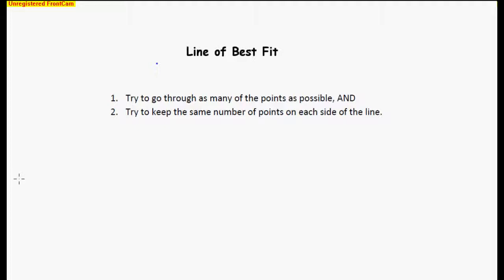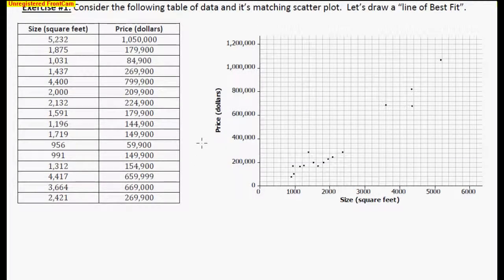All right, so let me take this off and let me put up example 1 here. This has got a lot of data to it. What we're looking at is the size, in square feet, of something that you go buy. I don't even have what it is, but this is the size of whatever you buy, and this is the price in dollars that it costs.